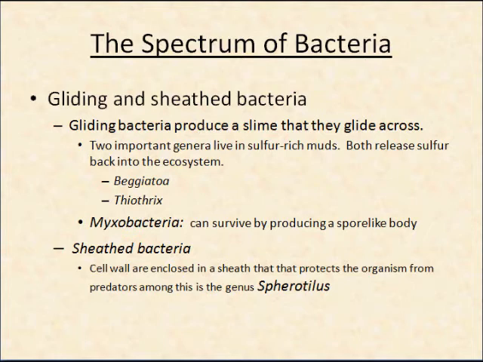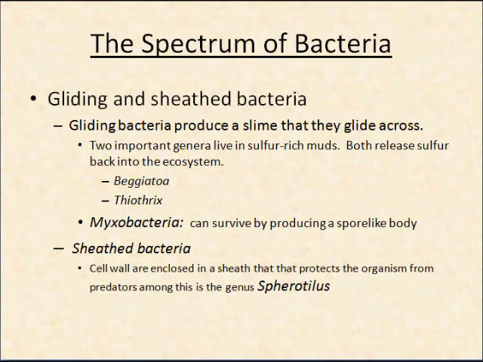We also have myxobacteria, which can survive. It doesn't produce a spore, but it produces a spore-like body, which allows it to survive until conditions become better. We have sheath bacteria, and they have their cell walls, but it's also enclosed in an additional sheath that can protect the organism from predators. Among this is the genus Sphaerotilus.